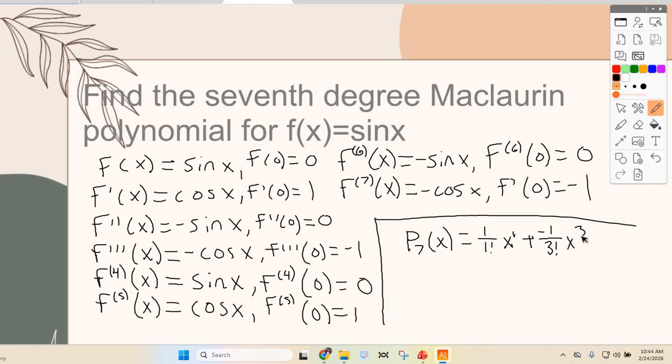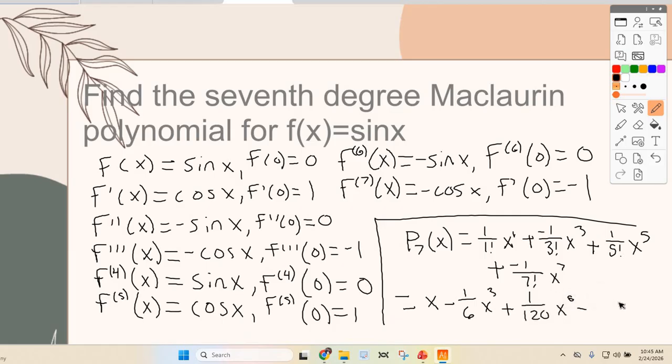Again, skipping my fourth, so I have the fifth. Skipping our sixth and going to our seventh. And if we did simplify that, we're going to get x minus 1/6 x to the third plus 1 over 120 x to the fifth minus 1 over 5,040 x to the seventh.